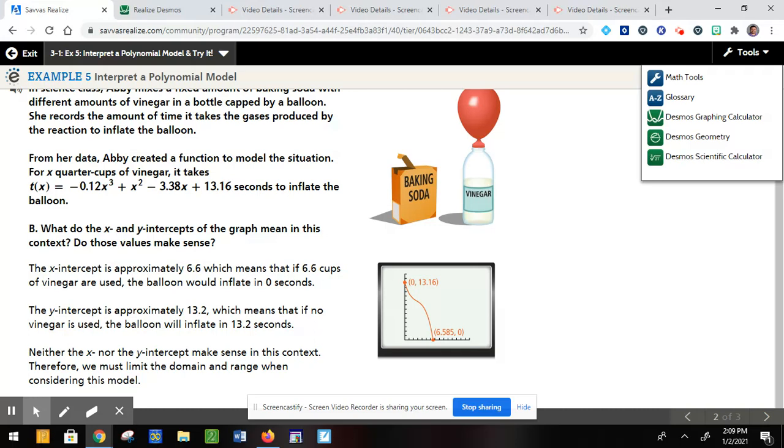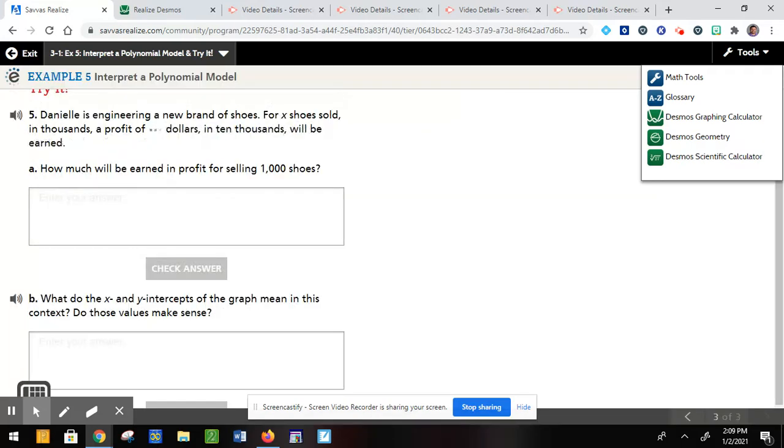Okay, let's look at the you try it. All right, so I guess both questions are based off of this function where Danielle's making shoes, or she's engineering a new brand of shoes. So we're going to first answer the question, how much will be earned in profit for selling 1,000 shoes.